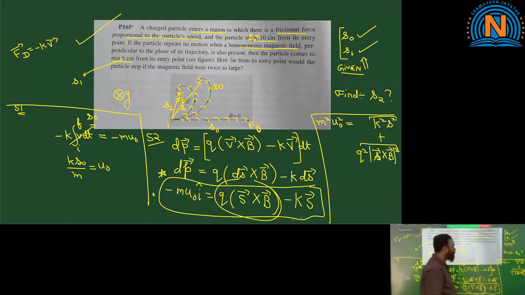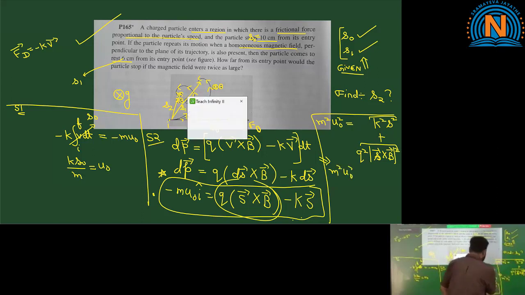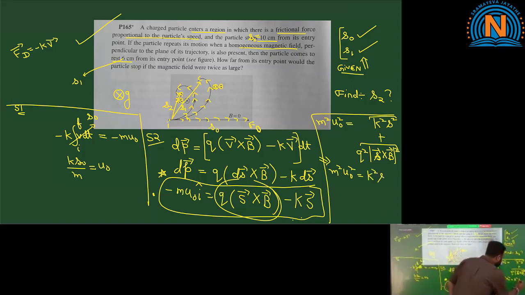So basically, I have Q square times the S vector cross B vector, the mod square. That's what I'll have. So basically, my equation becomes m square u naught square is equal to k square s square plus the second term, q square, now s cross b mod square.